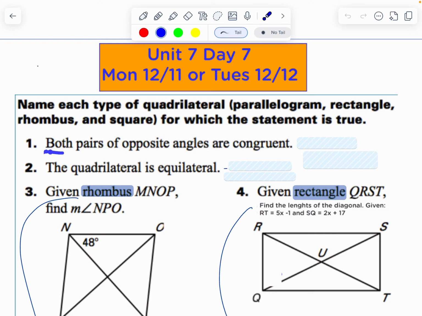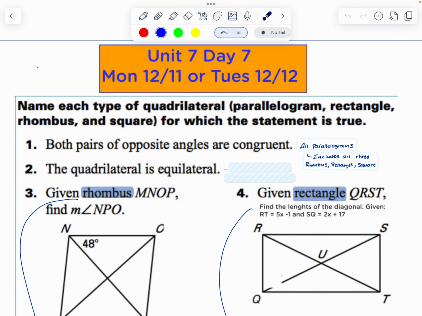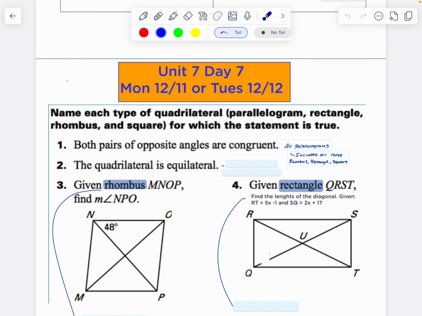1. Both pairs of opposite angles are congruent. That's all parallelograms. That includes rhombus, rectangle, square. Doesn't matter how you draw them, right? If I have a parallelogram, which maybe I'll draw that a little better.